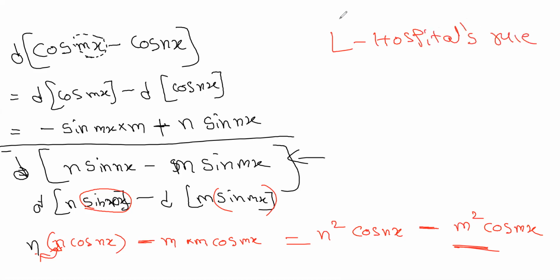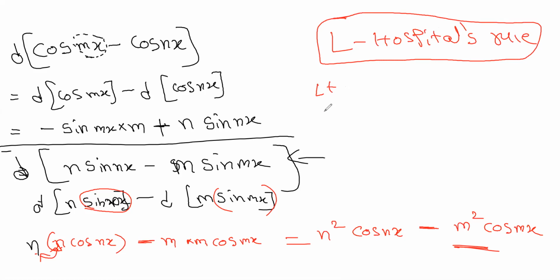What this rule states is that if you want to find any limit, let us suppose, the same thing: limit x tending to 0 of the same function, cos mx minus cos nx divided by x square. This is the function.